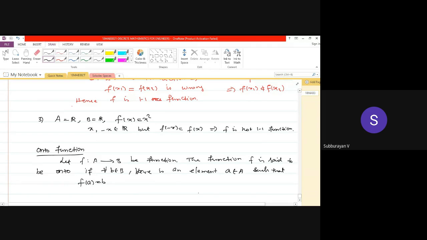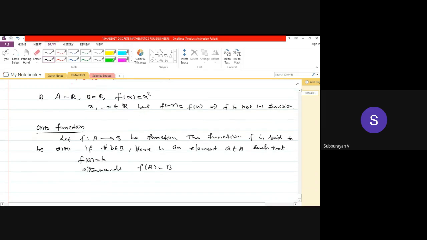Or in other words, f of A is equal to B. Or all the elements in the codomain should have a pre-image.